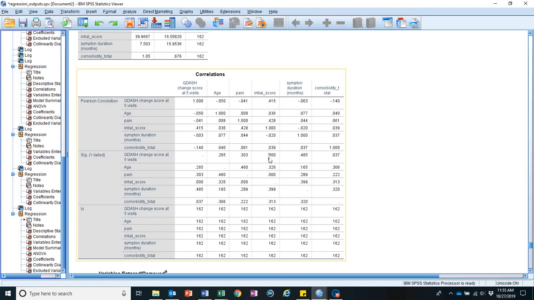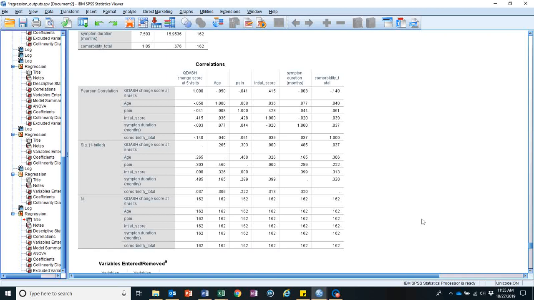It's a 0.00, so that's probably going to be in the model. Duration of symptoms, not so great. Comorbidity was a negative relationship, which would suggest that it might be in the model. So it gives you a first glimpse at what factors might go in the model, and shows you the Pearson's and the significance.